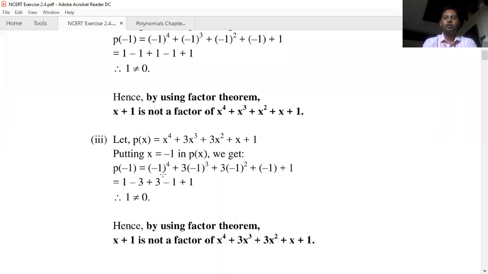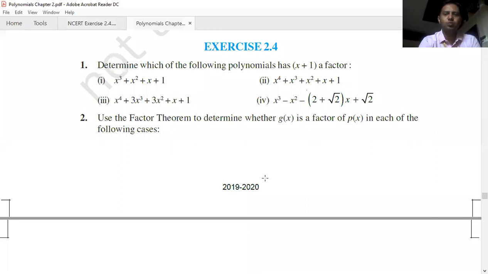Now we move on to question number 4. Question number 4 says x cube plus x square plus minus 2 plus root 2 x and plus root 2.